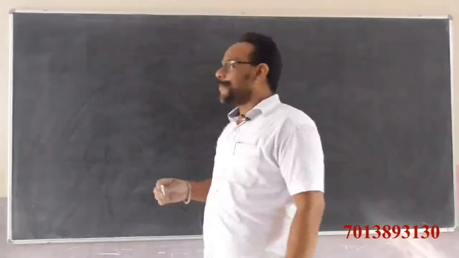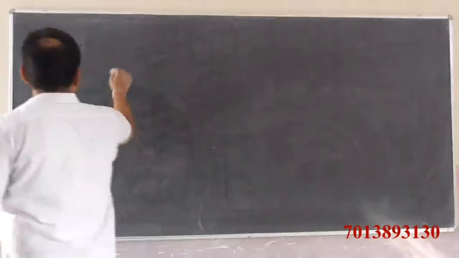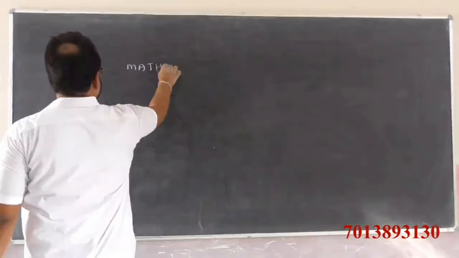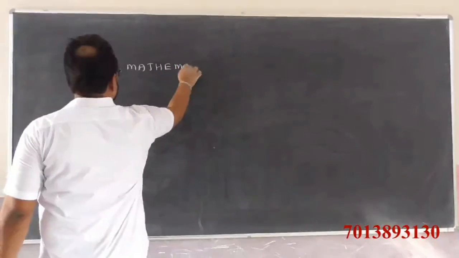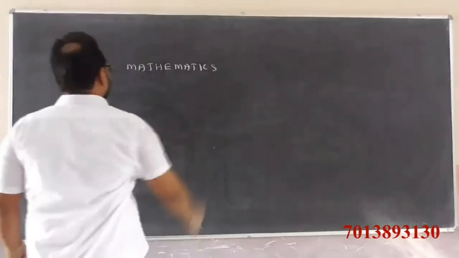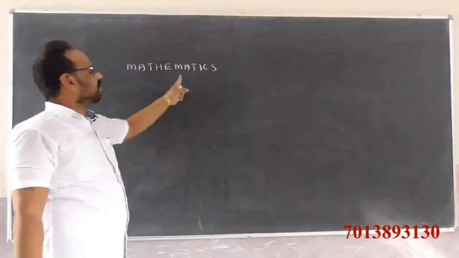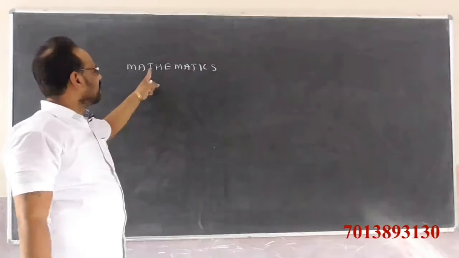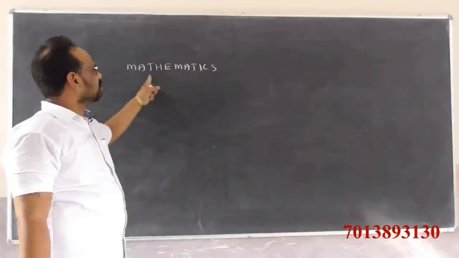Like mathematics: M is repeated 2 times, A is repeated 2 times, and T is repeated 2 times.